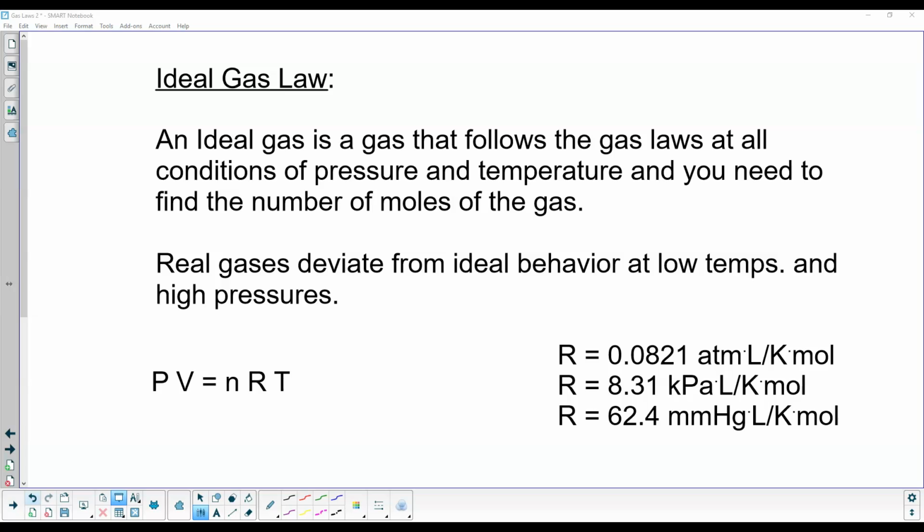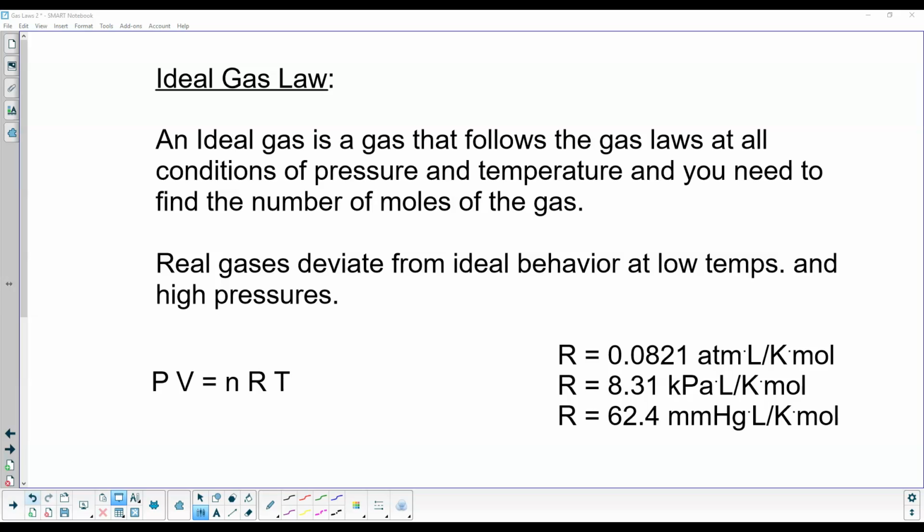If the temperature is really low and they don't move around much, they don't behave ideally. Or if you have tremendous pressure on them, squeezing them together, they can't expand and fill the container. But usually they follow all the premises of the kinetic molecular theory.